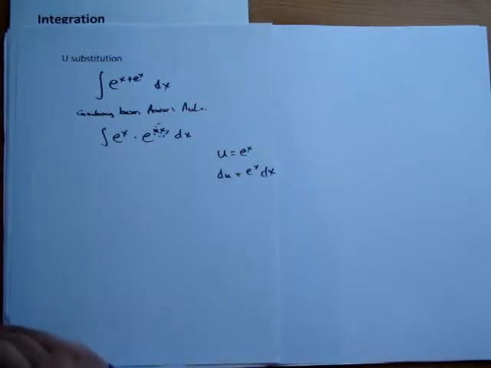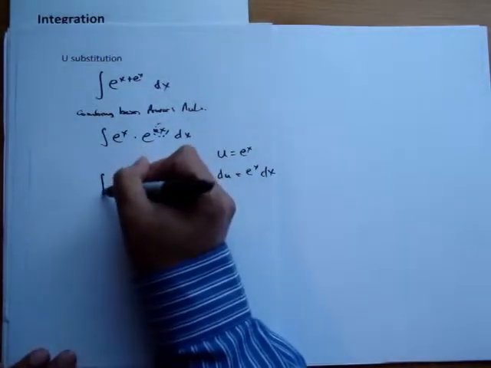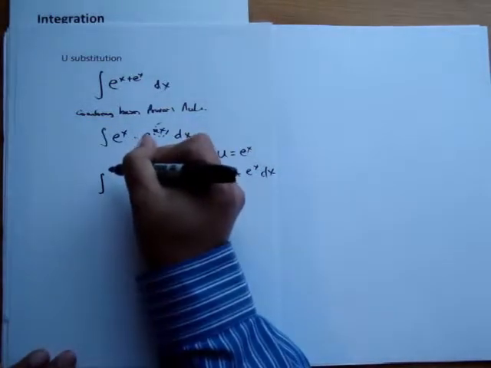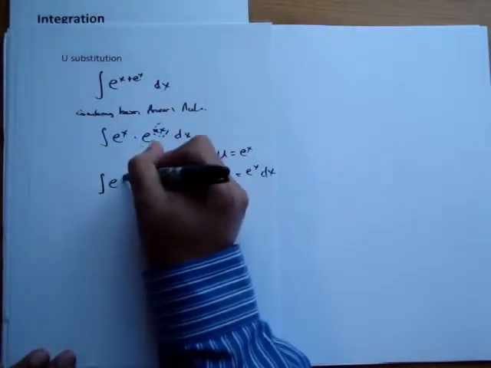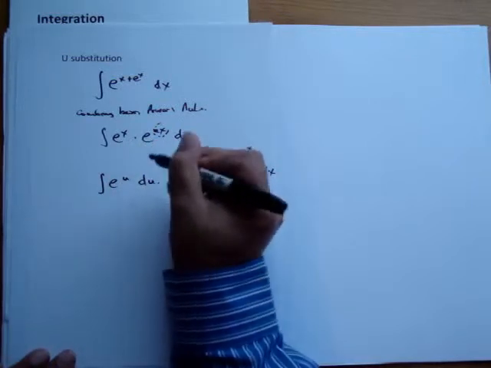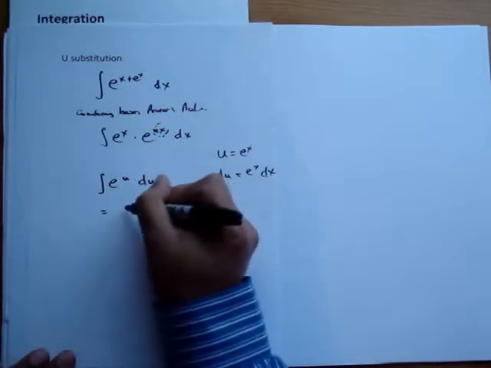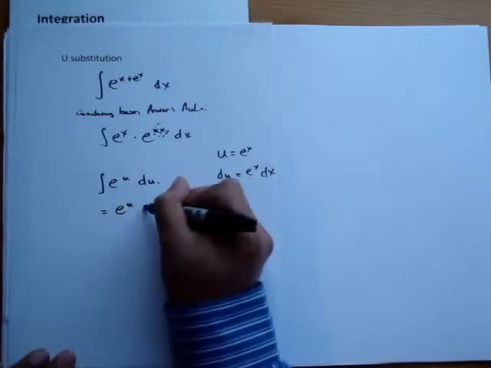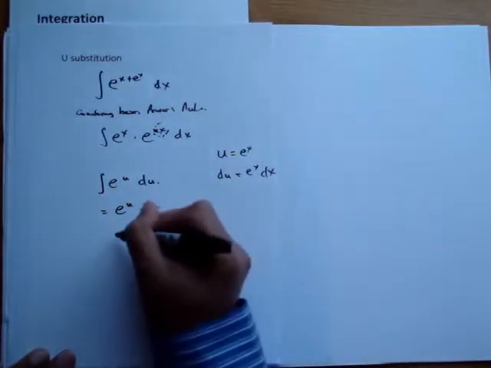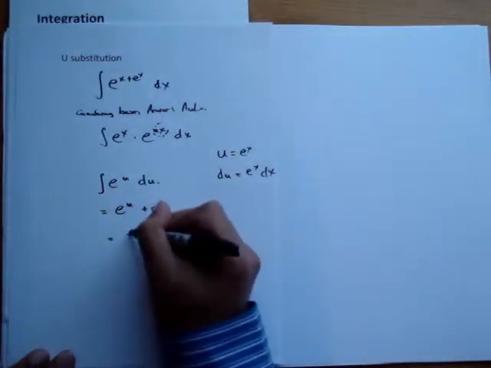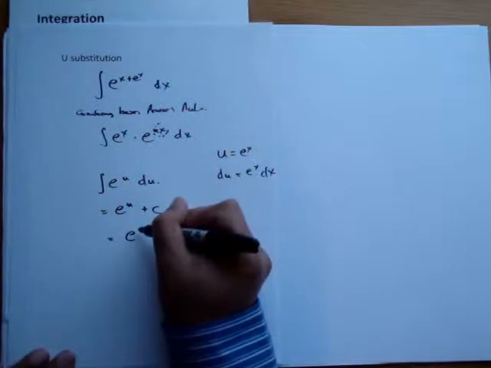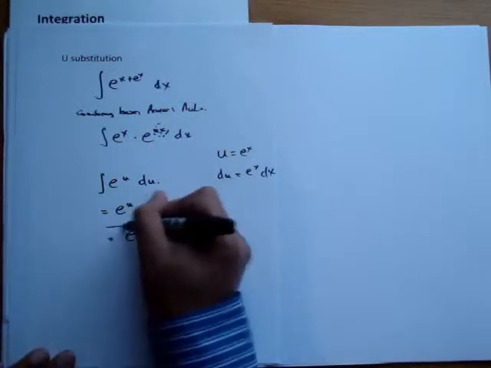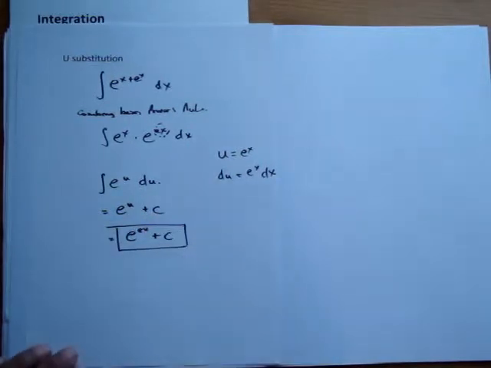When we replace, this becomes the integral of e to the u du, and when we integrate, e to the u is e to the u plus c, which equals, u was e to the x, e to the e to the x plus c, and that is our answer.